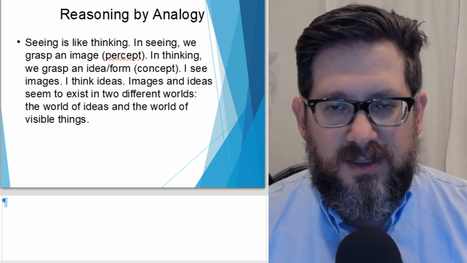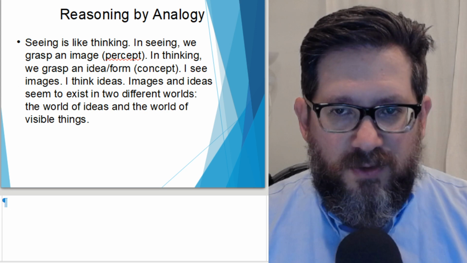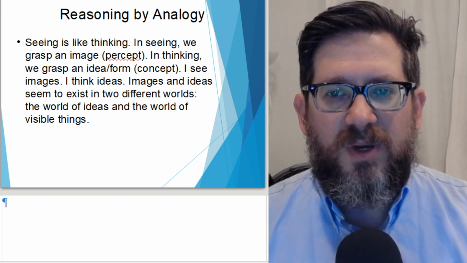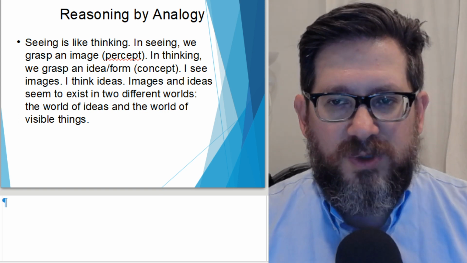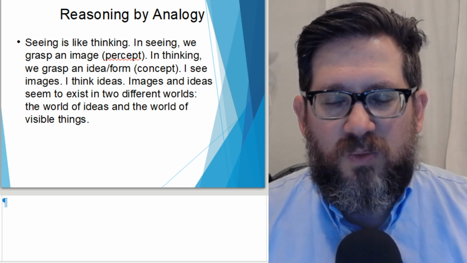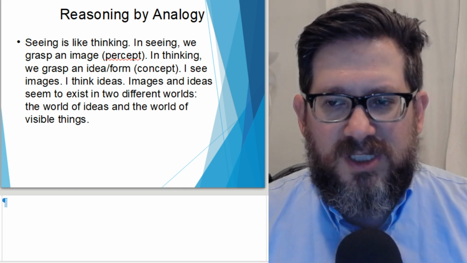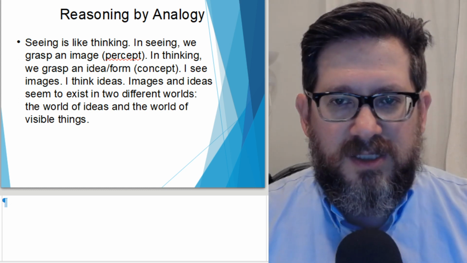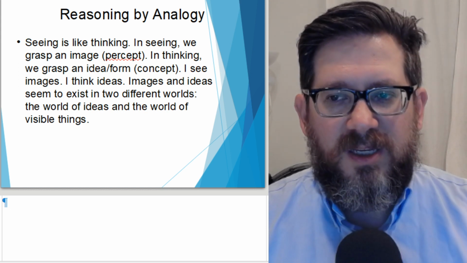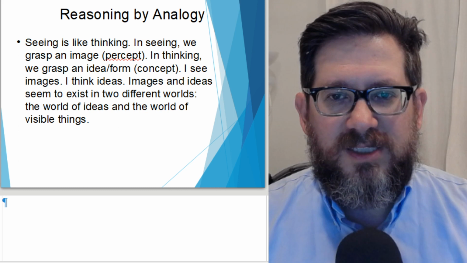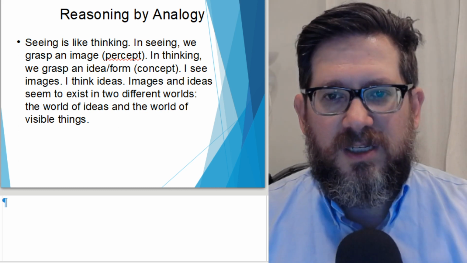Now thinking is different than seeing, but he's saying thinking is kind of like that because we also grasp things. We grasp ideas or forms, or as William James said, the concept when we're thinking. So we don't see things in our mind, we think things. But thinking things is a lot like seeing something. It's both a grasping. I see images, I think ideas.